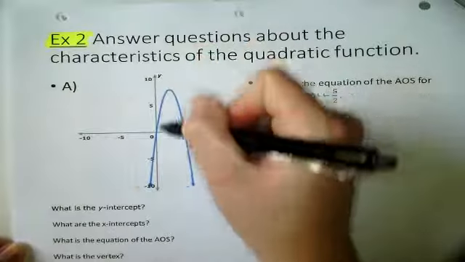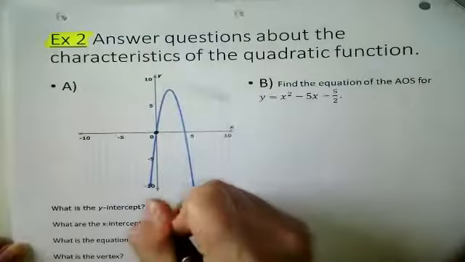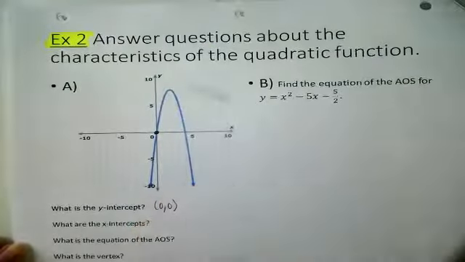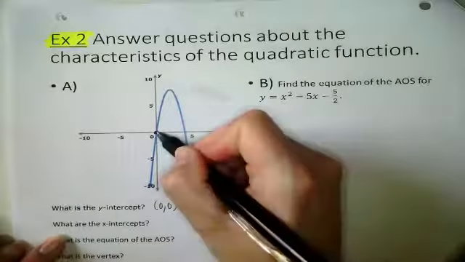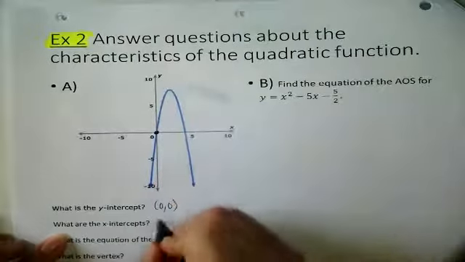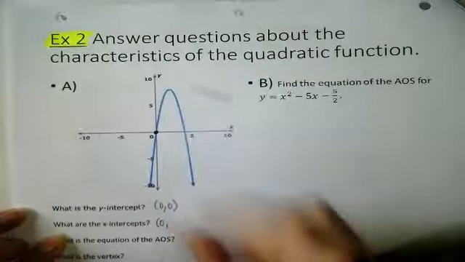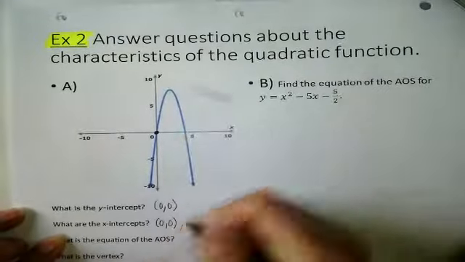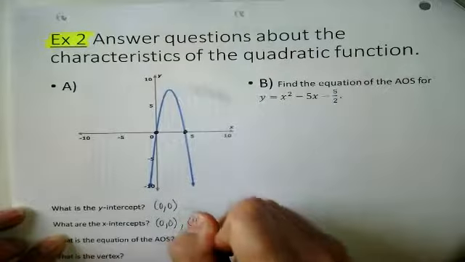Well, here's our y-axis, and the y-axis and our blue graph intersect at (0, 0). What are the x-intercepts? Well, this one happens to be an x-intercept also. It's a 2-for-1. (0, 0) is one of the x-intercepts, and right there, (4, 0).